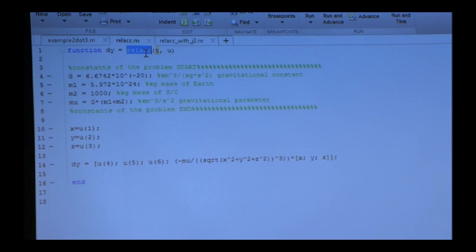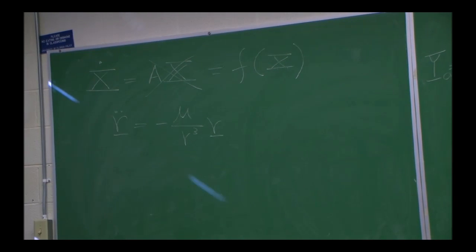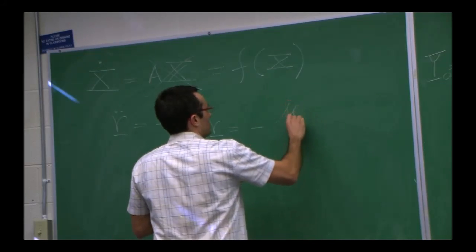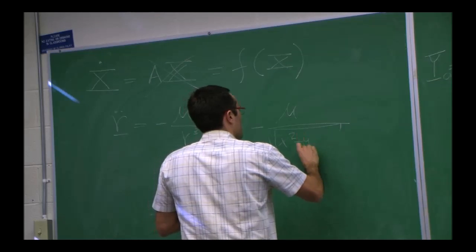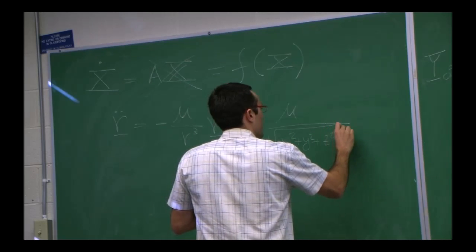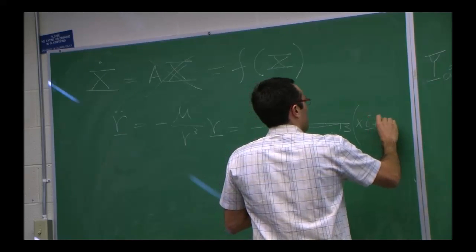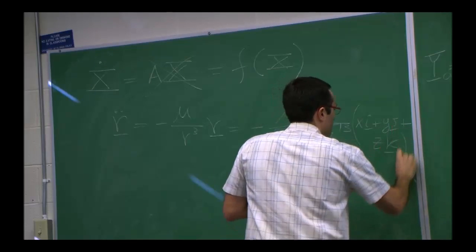Now what is u? If I am working in Cartesian coordinates, everything in these vectors is x, y, z, x dot, y dot, z dot. So I do know already that this, in Cartesian coordinates, is that constant over the square root of x squared plus y squared plus z squared, cubed. And here I have xi plus yj plus zk.